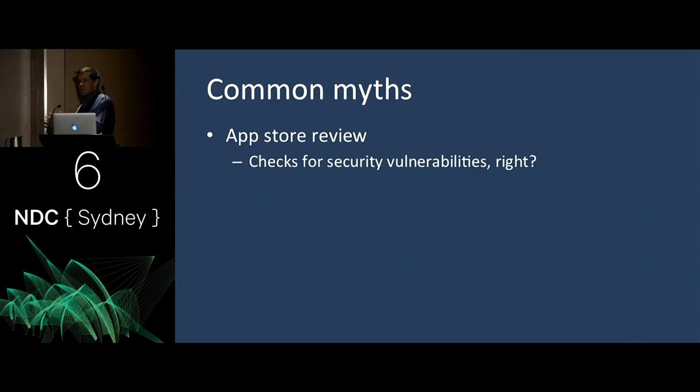I'll come back in a second to whether or not they do, but I've got friends who've submitted apps to the App Store, and one of them, as an example, the third time he submitted it, the third update, it got rejected for a UI element looking wrong, and the UI element hadn't changed since the first release. And when he released it a fourth time with no UI changes, it went through. So even if they were checking for security vulnerabilities, I wouldn't be recommending that you trusted that.